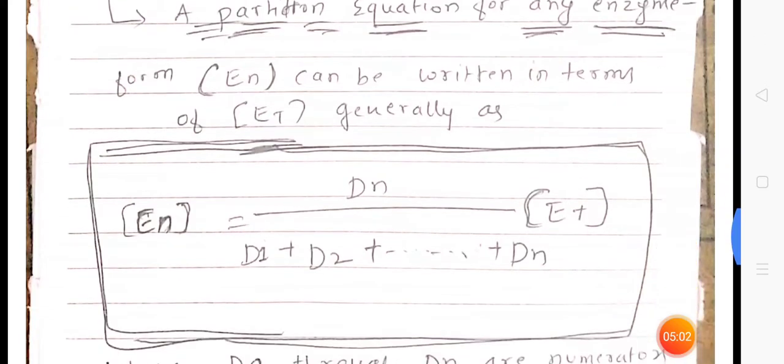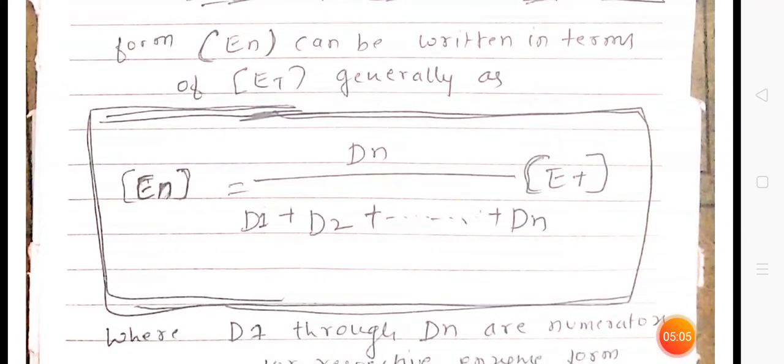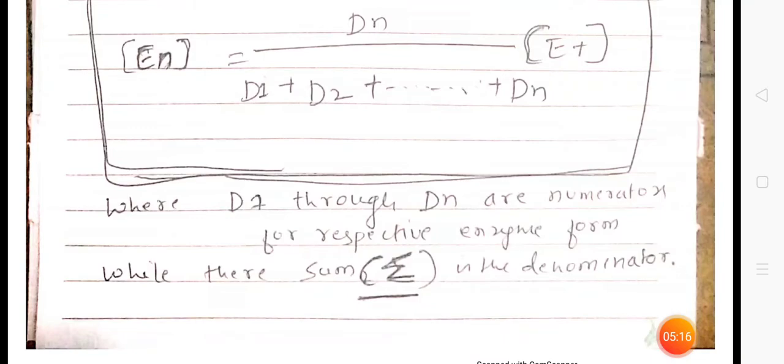Generally we can write it this way: En, the nth enzyme form, equals dn divided by d1 plus d2 up to dn, times the total enzyme concentration, where d1 through dn are the numerators for the respective enzyme forms, d1, d2, d3, d4 up to dn.